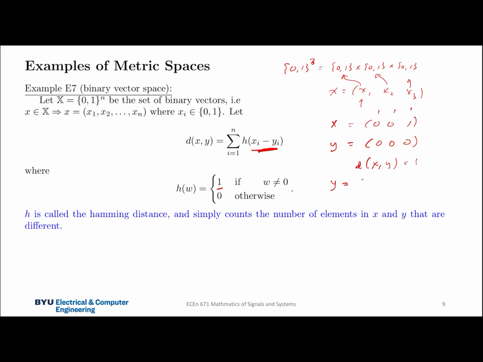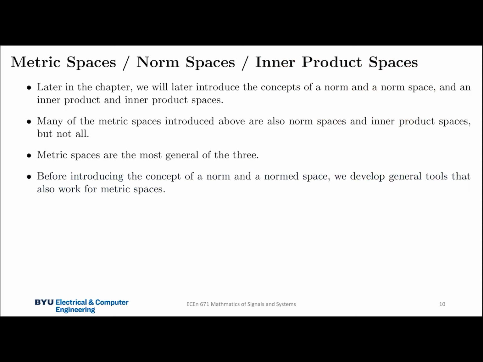On the other hand, if Y is equal to, for example, (1, 0, 0), then the distance between X and Y will now be, there's 1 and 2 elements that are different. So this would be 2. This is called the Hamming distance, an example of a metric space.